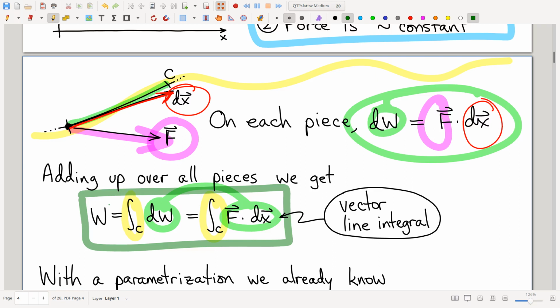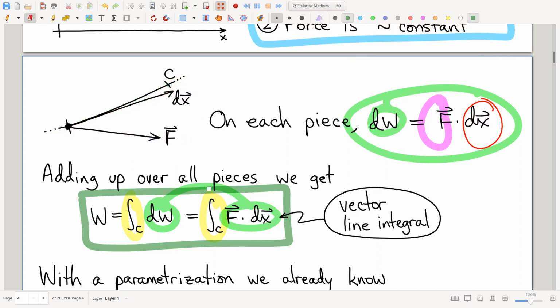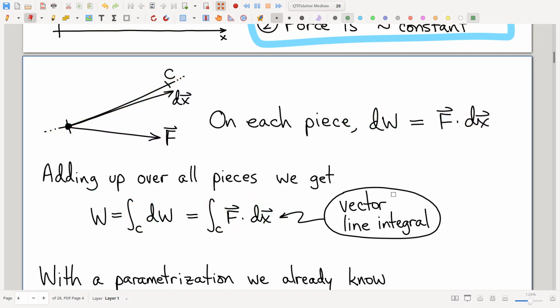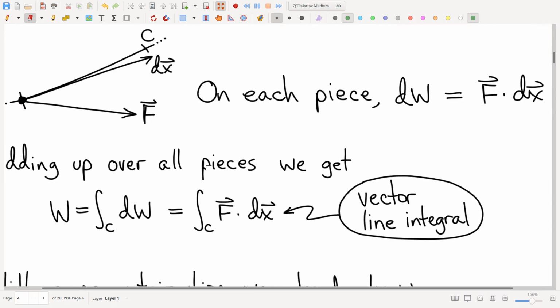Notice it doesn't look like a scalar line integral, does it? It's different. Importantly, it's different in a couple of ways. A little bit of which is disturbing and scary looking.